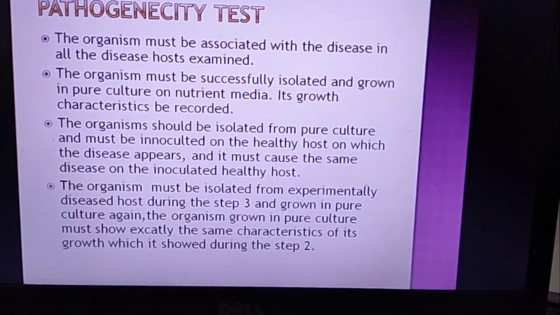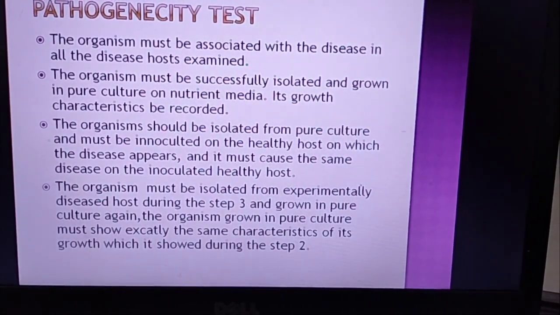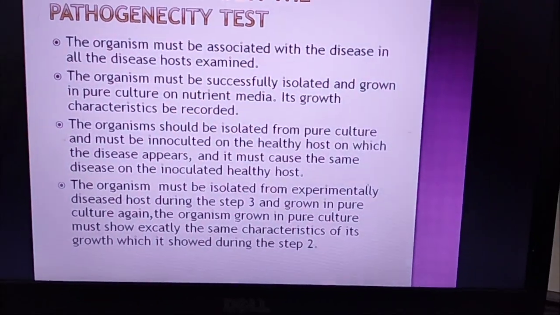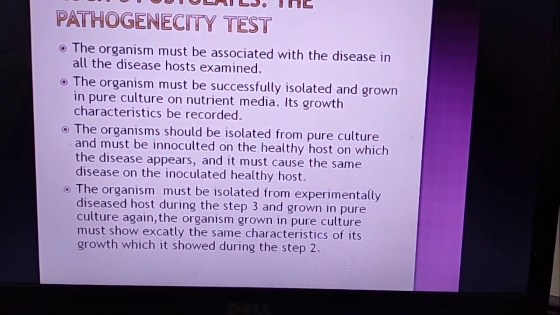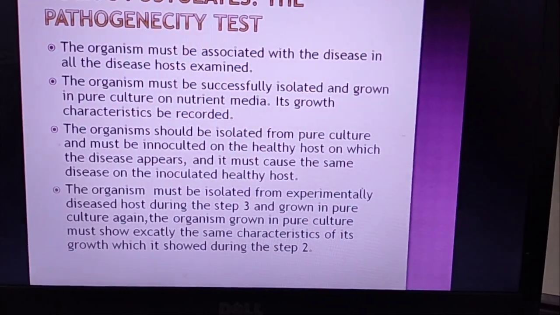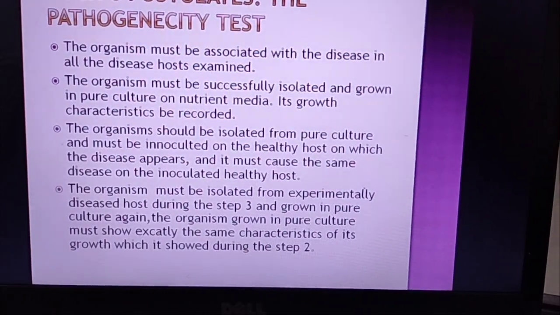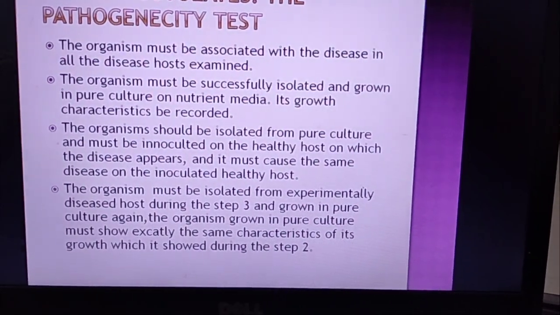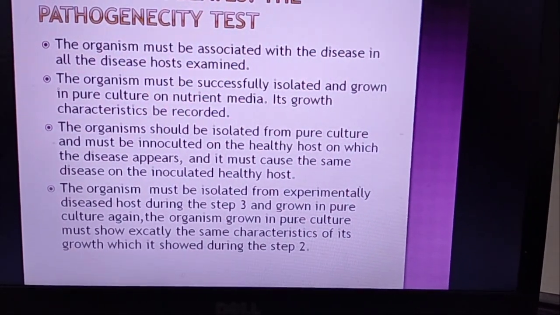Now the third point: the organism isolated from pure culture must be inoculated into a healthy host, in which the disease appears. So in the third point he says that this particular organism which is actually causing the disease should be isolated from the pure culture and inoculated into the healthy host.